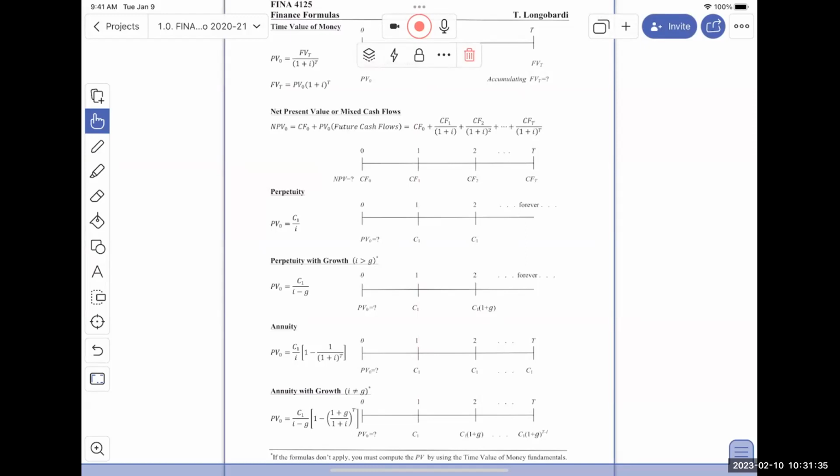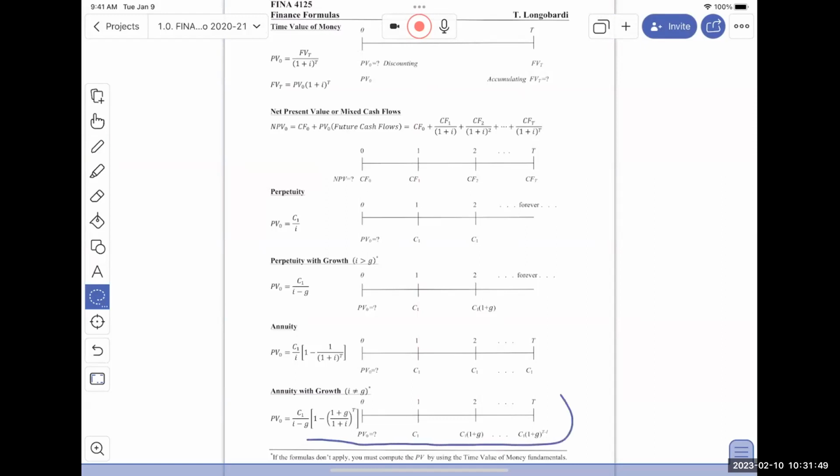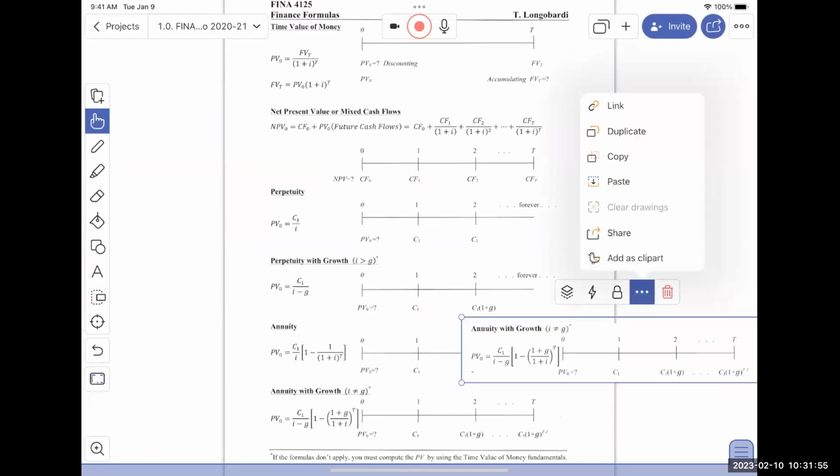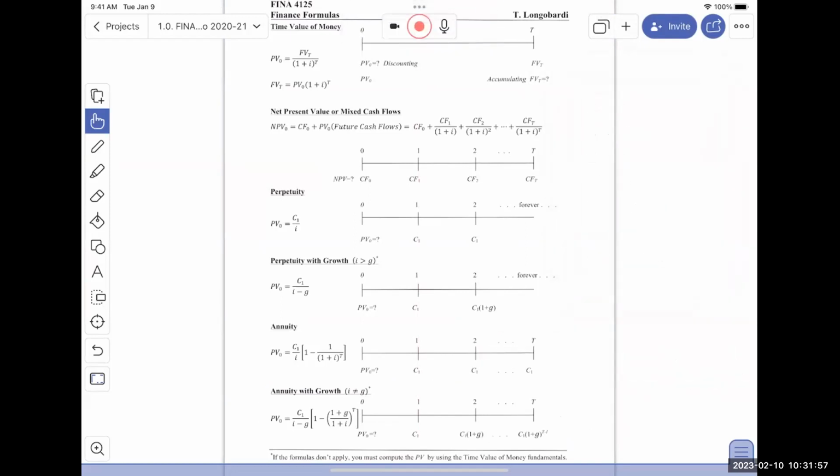All right, so remember this formula sheet. The one that is the growing annuity is this one down here, the one at the bottom.